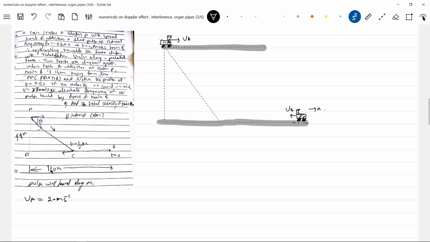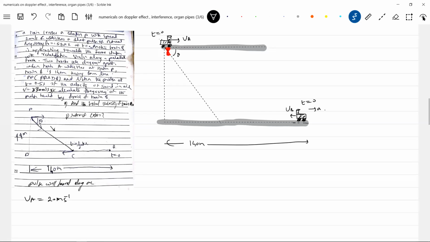Okay, this distance is what? 140 meter. This is at t equal to 0. Now a pulse will be generated. Please try to understand. It's very easy, just based on kinematics. No need to get scared, just based on kinematics.